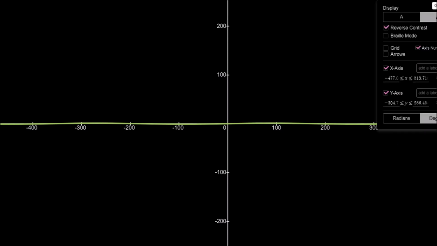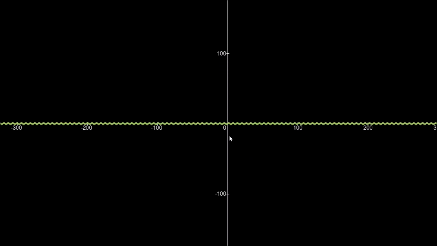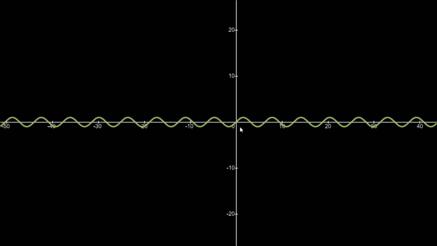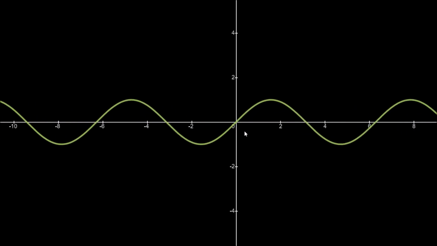Now this is not the main reason for using radians rather than degrees, but it's certainly something that we can think about, and that is that it's much easier to deal with the images and the pictures and representations of our basic trigonometric functions whenever we deal with a scale of radians rather than degrees.